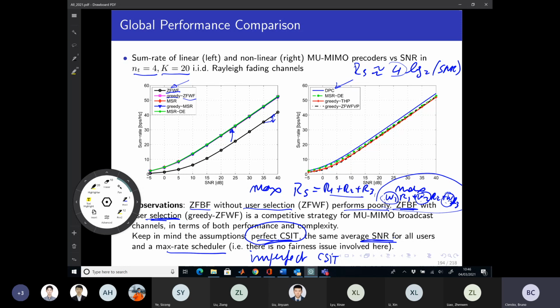You may not always schedule 4 users; you may schedule a subset. But by adjusting that subset, you essentially do a form of water filling. You actually change the power allocation to each of those streams depending on the number of users you schedule. So it's kind of quantized water filling, if you like. It's not a continuous water filling.